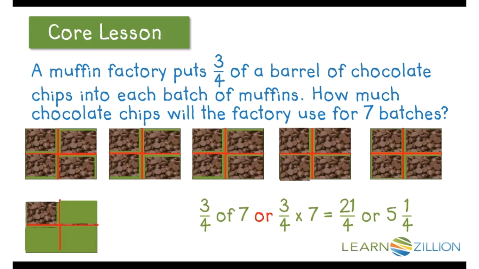The factory will use 5 1/4 barrels of chocolate chips. 3/4 of 7, or 3/4 times 7, is equal to 21/4, or 5 1/4.